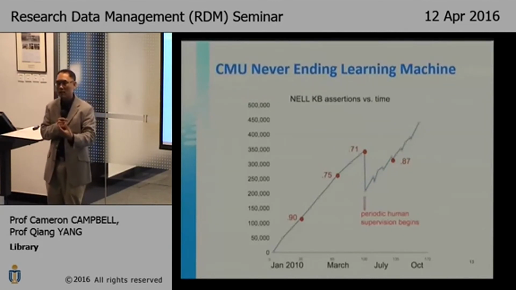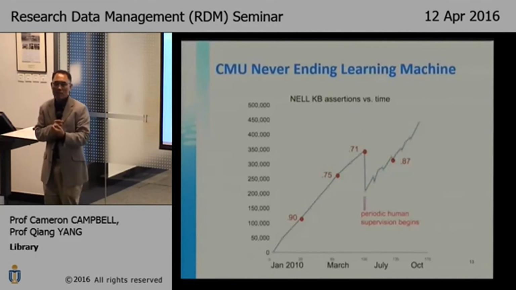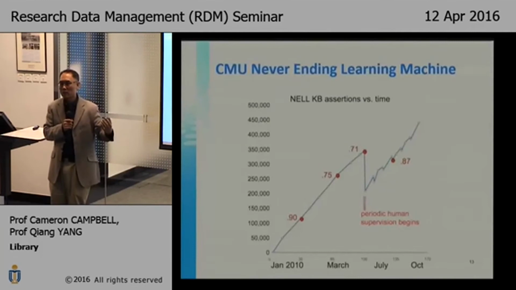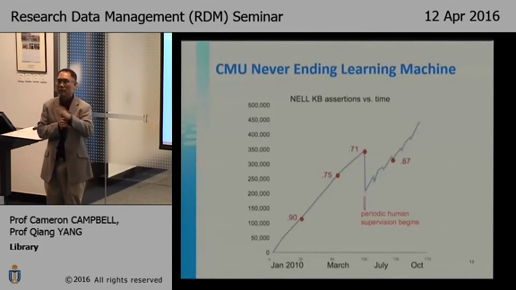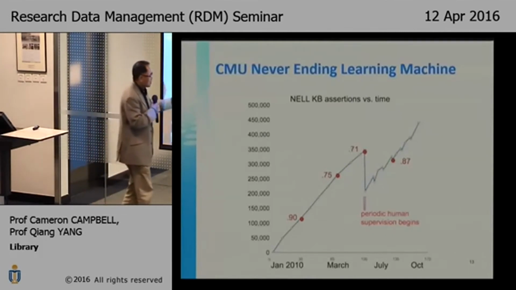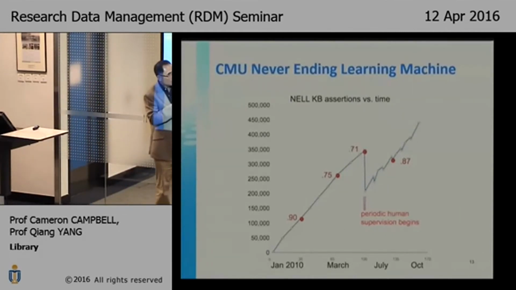One page may say Cameron is a professor. Another page may say HKUST is a university. And so it can put these two facts together and generate a third fact. So with time, the number of facts grows gradually.